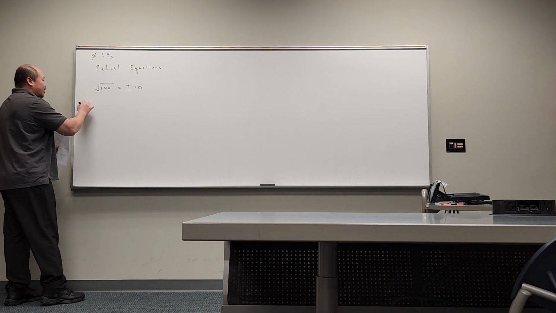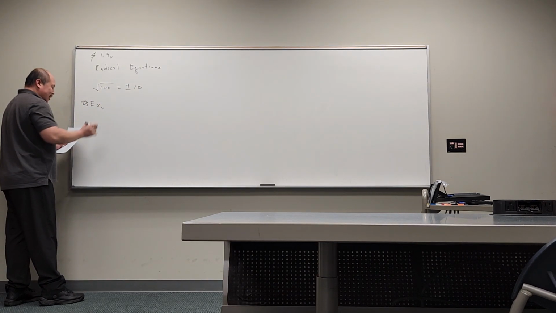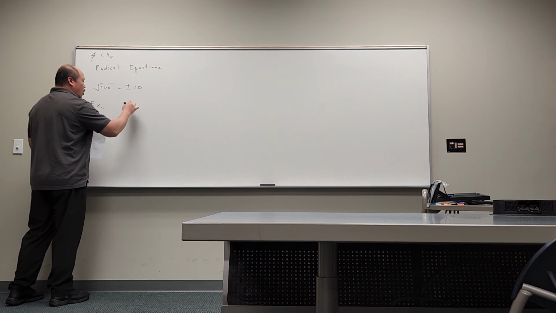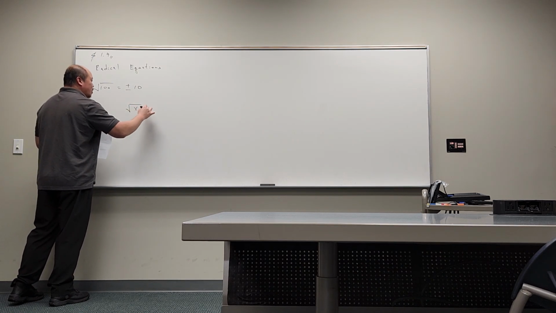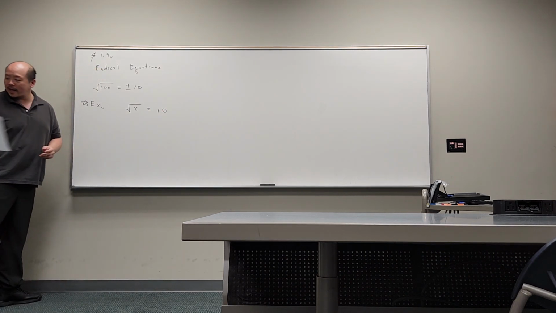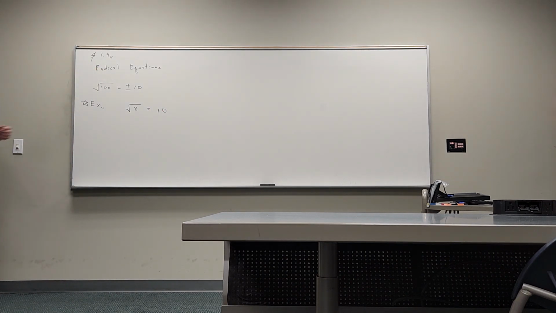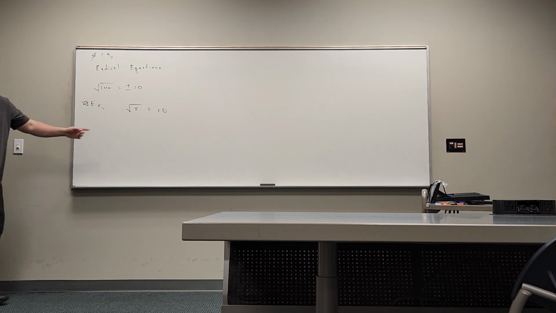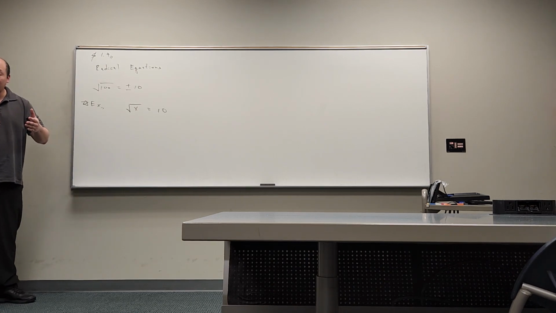So, example. Let's just say that radical x equals 10. This is a simple version of the problem. How do we solve this? Well, the first thing to look at is, we do not want the radical. We want to somehow get rid of it.